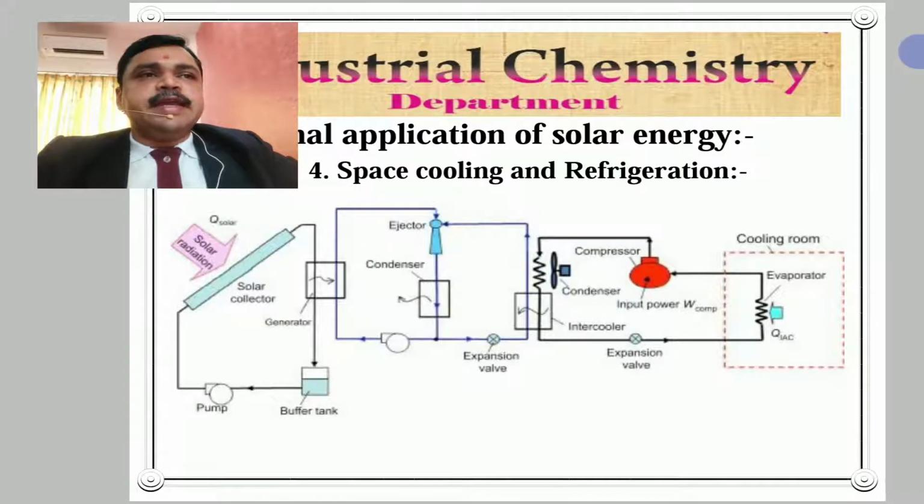Refrigerant vapor is boiled off at a high pressure and goes to the condenser, where it is condensed into a high pressure liquid. The high pressure liquid is throttled to a low pressure with the help of the expansion valve.